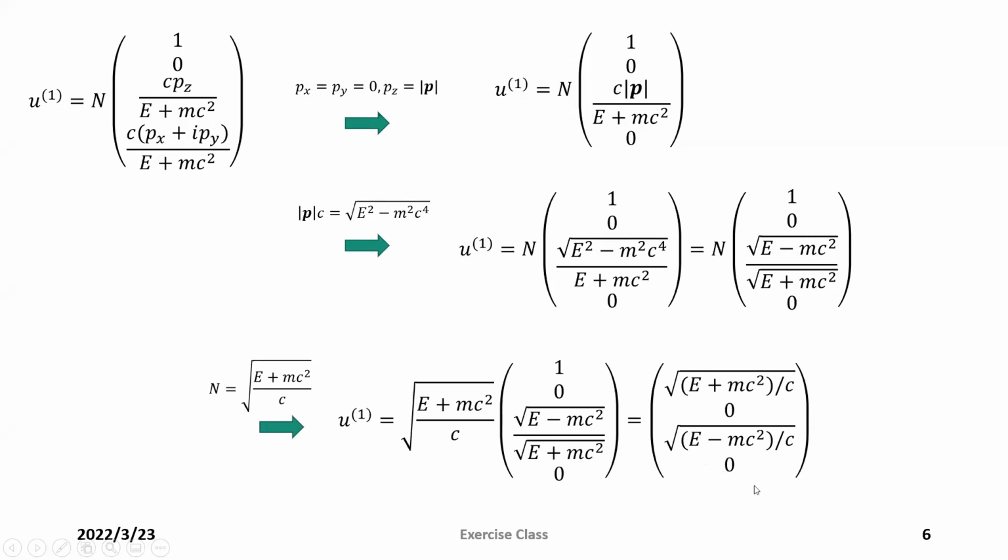Finally, we can simplify to this form, and we have defined A plus to be this vector and A minus to be this vector. So that's part A.